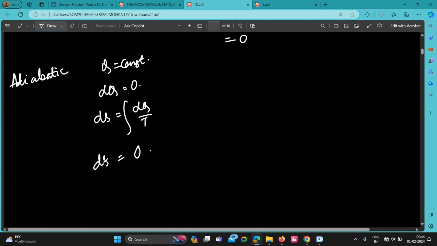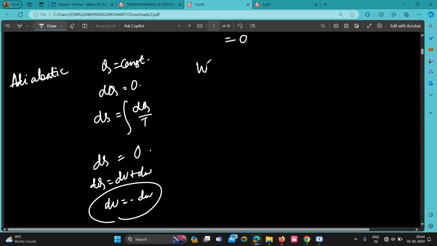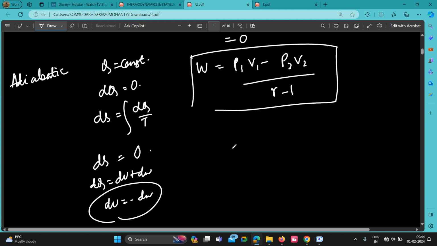And because of that, we know dq is equal to dU plus dW, so dU will become minus dW. So here the work done will be W is equal to (P1 V1 minus P2 V2) by (gamma minus 1). That will be the work done in an adiabatic process.